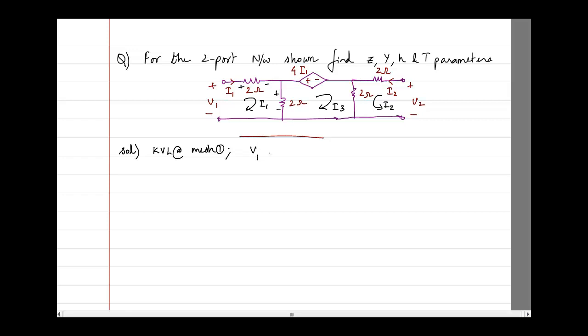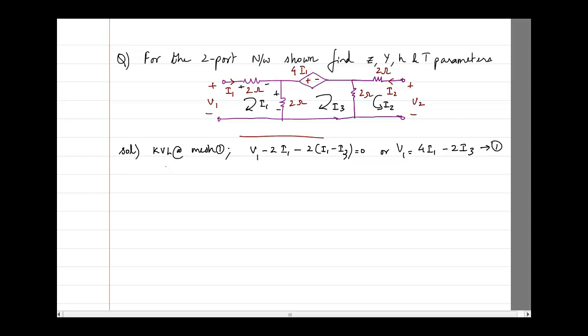So it is going to be V1 minus 2I1 minus 2I1 minus I3 is equal to 0, or I will get V1 is equal to 4I1 and minus plus, this is going to be minus 2I3. Correct? So let me name this as equation number 1.